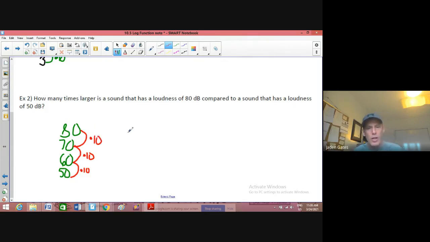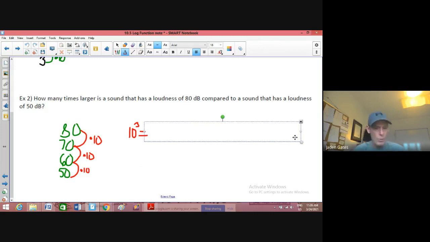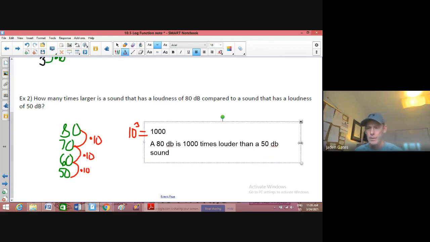And this time we are only multiplying by 10 three times, which is 10 to the power of 3. And well, that's 10 times 10 times 10, which is 1,000. And so in this case, an 80 decibel sound is 1,000 times louder than a 50 decibel sound. And again, it's because we're dealing with a logarithmic scale.